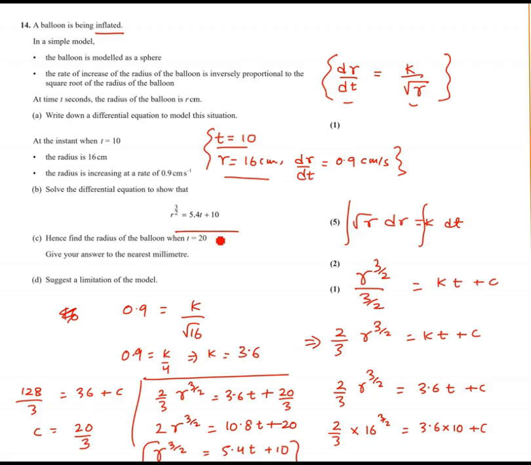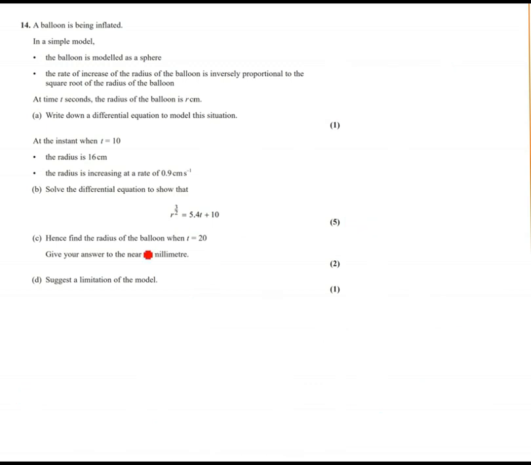Okay, so let's have a look at question C now. Hence find the radius of the balloon when t is 20. So all we have to do is put t equals 20 here. So r to the power 3 by 2 equals 5.4 times 20 plus 10, which is 118. So r to the power 3 by 2 is 118.